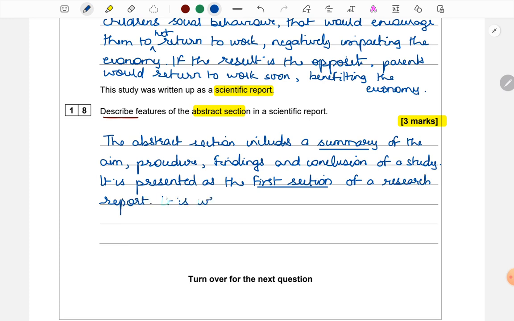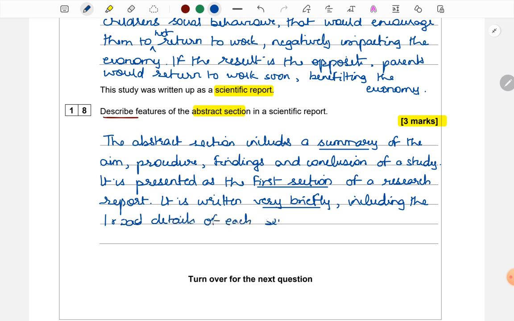It is written very briefly, including only the broad details of each section of the report.